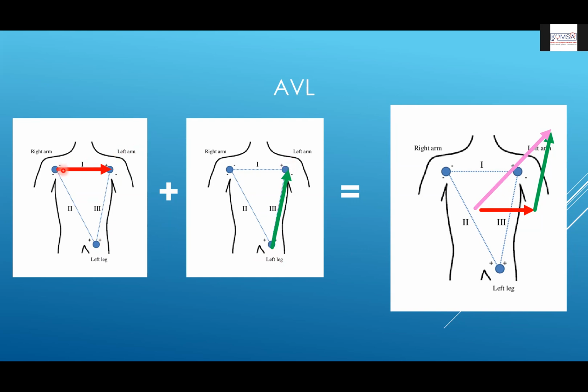And what it does is it makes this calculation where it adds these 2 vectors together, and the average of that gives you AVL. So you're starting to see that every lead has a certain directionality to it, and that will help us interpret where the electricity in the heart is going towards or going away from.